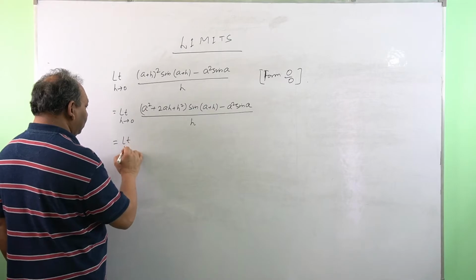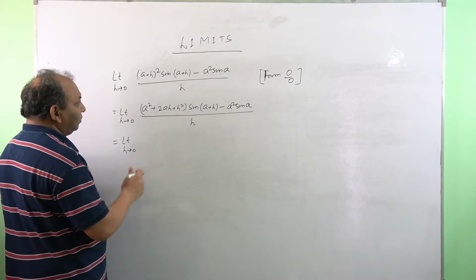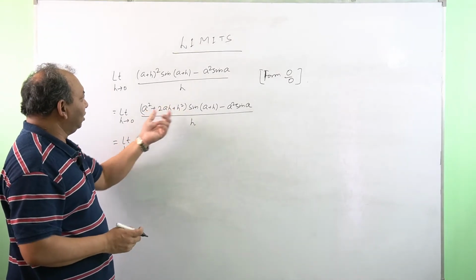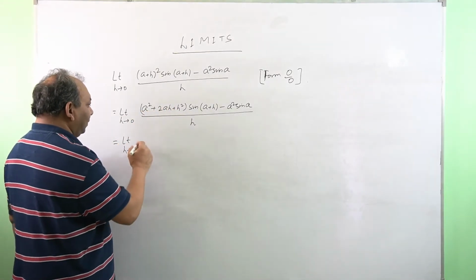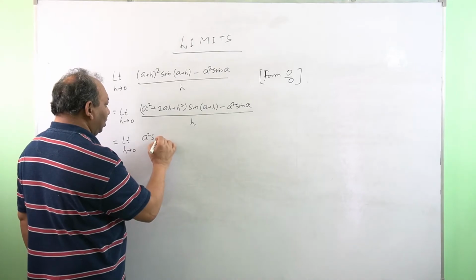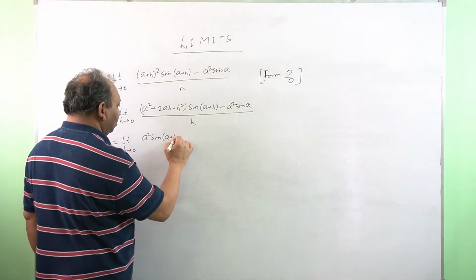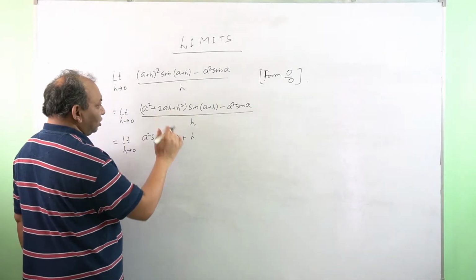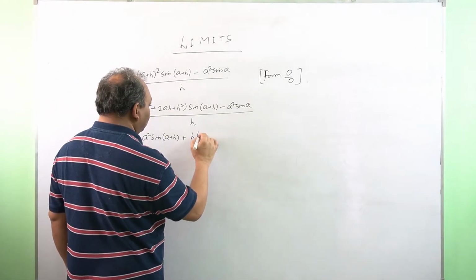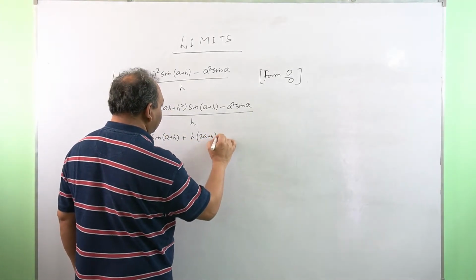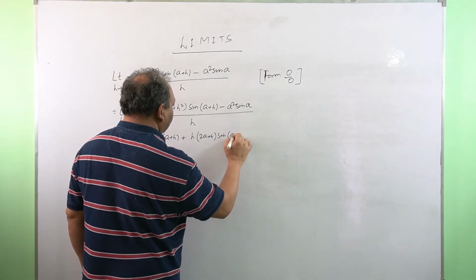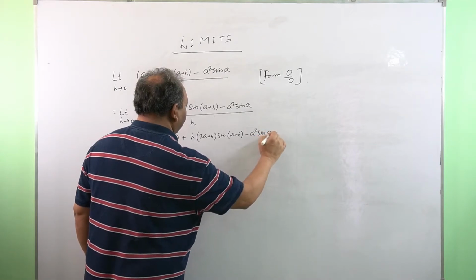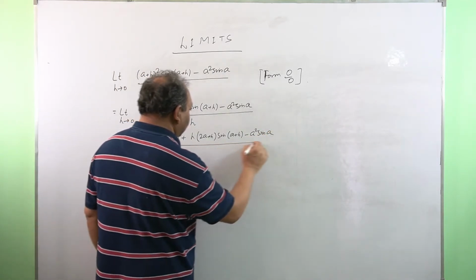Now limit h tends to 0. This expression we can open the bracket and write a² sin(a + h) plus, take h common from these two terms, h into (2a + h) sin(a + h), minus a² sin a, divided by h.